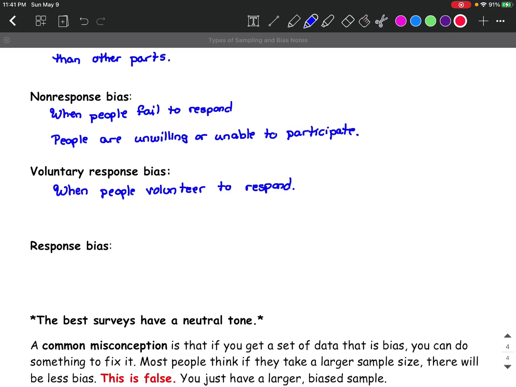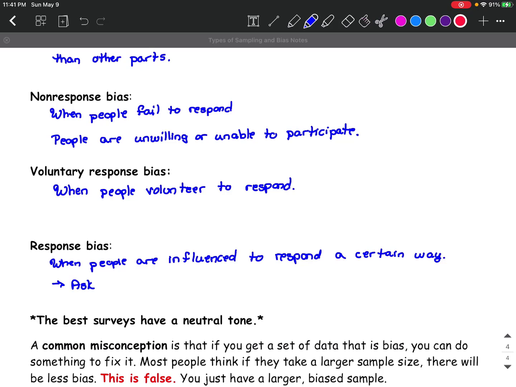Also, there's something called a response bias. That's when people are influenced to respond a certain way. That's when you're asked leading questions.